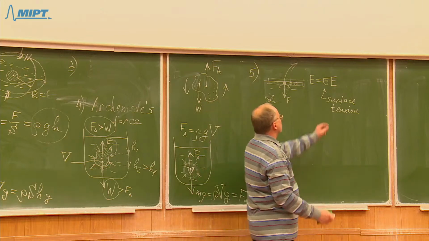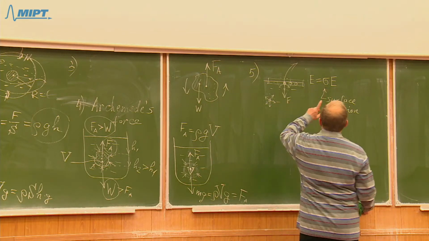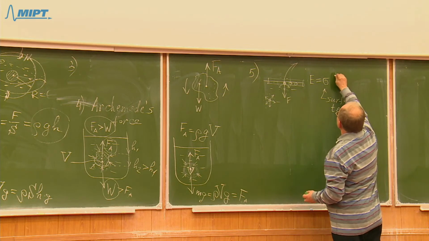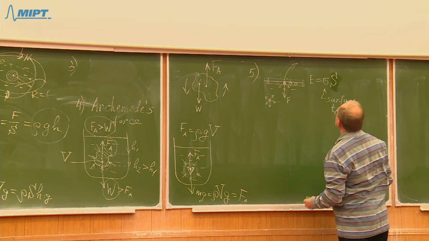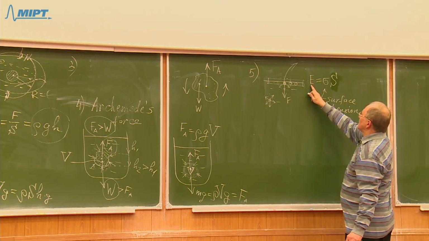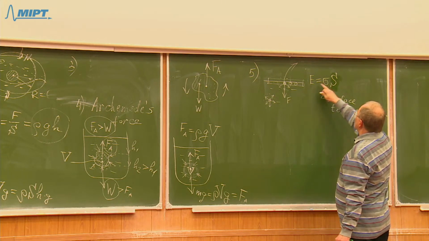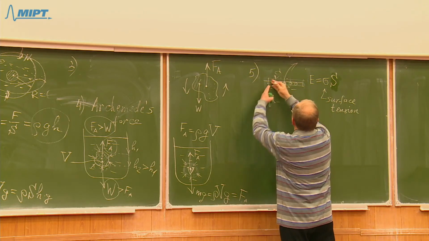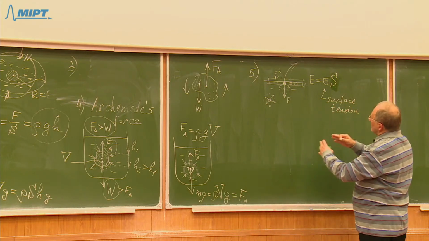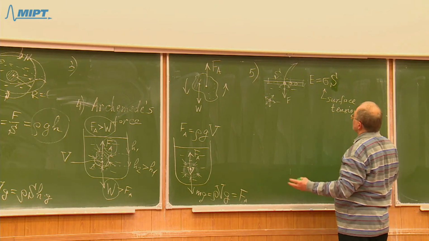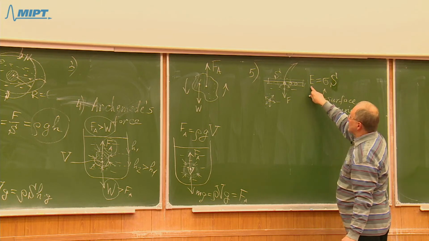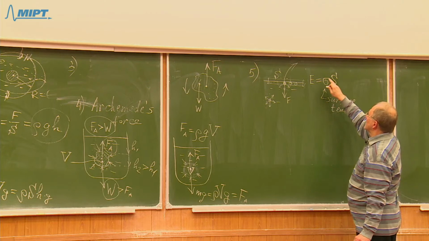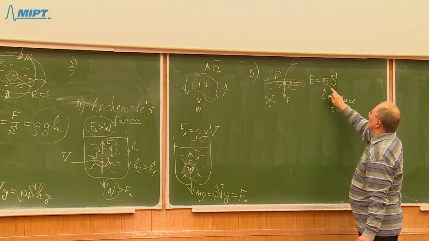Oh, sorry. I wanted to place here an area of the surface. Certainly, this is S, the area of the surface, because the surface energy is proportional to the area. Whatever area of the surface I take, the larger the area, the larger will be the energy of this surface. And the surface tension is the energy of a unit area of the surface.